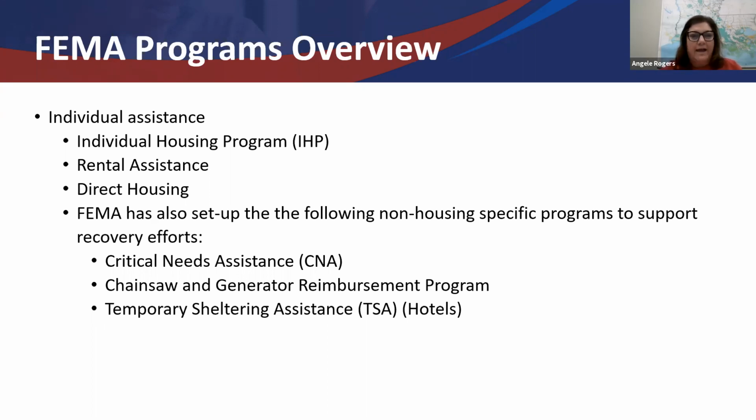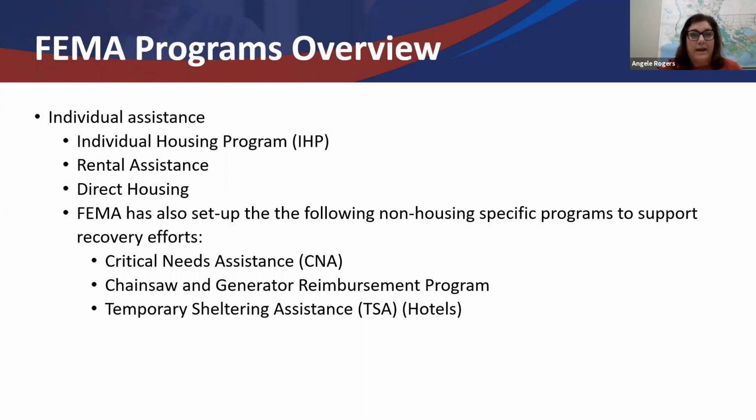The first thing I want to say is that FEMA does not always come to a disaster. It has to be a federally declared disaster, which is a request that is made through the state and obviously approved through leadership and then through the President of the United States himself. Our goal here in helping with survivors is to make sure we're not duplicating benefits.